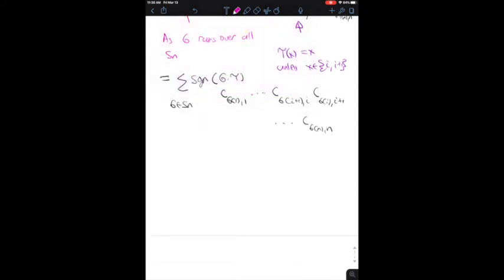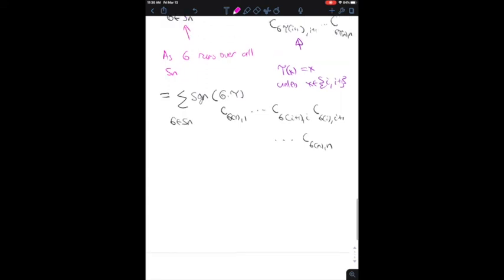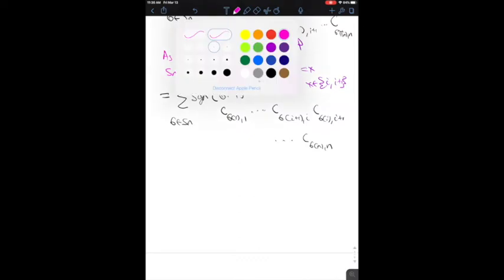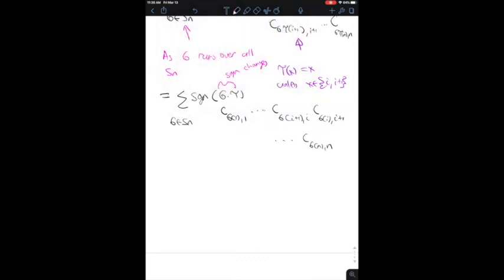But we already saw that if you multiply a permutation by a transposition, the sign changes by -1. So this becomes negative sign of sigma times the previous expression.